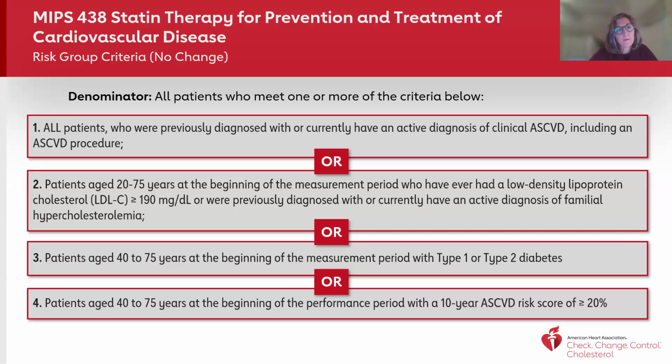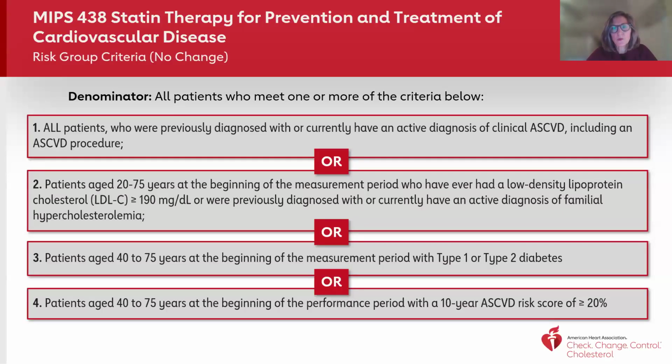The third group are patients aged 40 to 75 at the beginning of the measurement period with type 1 or type 2 diabetes. And the fourth potential grouping for inclusion is patients 40 to 75 at the beginning of the measurement period with a 10-year ASCVD risk score of greater than or equal to 20%.